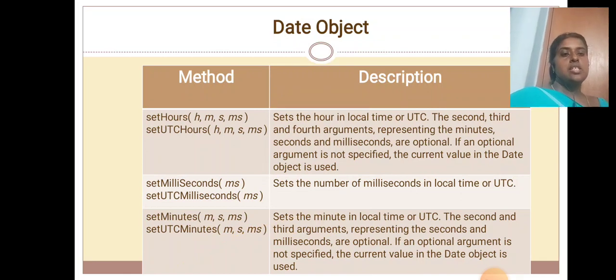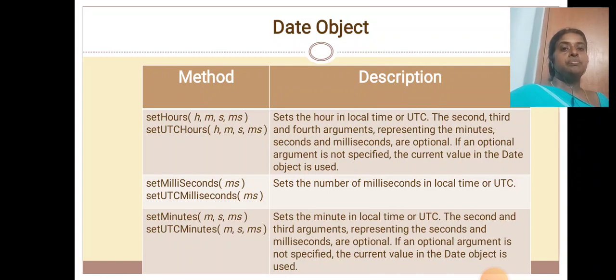Next method is set hours. So set hours is used to assign, change or initialize the hour of your system. For this we have to send 4 arguments. Among the 4 arguments, H represents hour, M represents minutes, S represents second, MS represents millisecond.